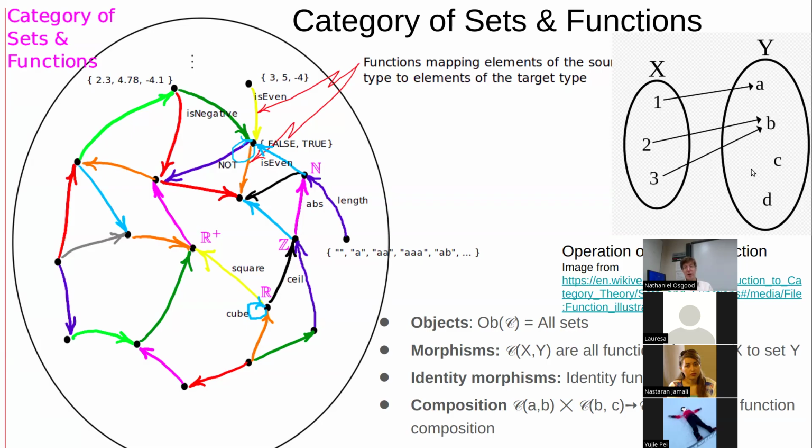If 3 instead mapped to C, would it be injective? Yes. And it'll be as if X is picking out a subset of Y. Does anyone know the word in category theory we use for that? It's a generalization of the notion of an injective function that applies to morphisms in any category.